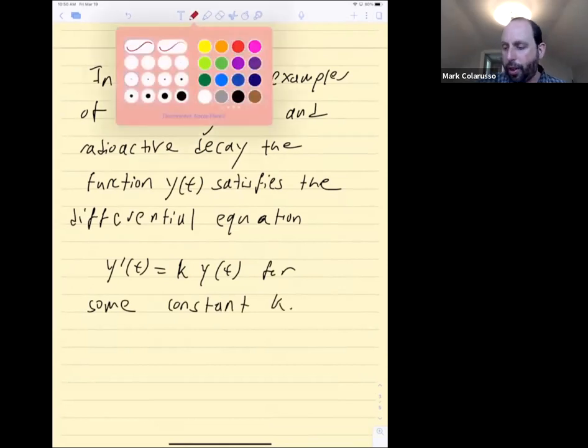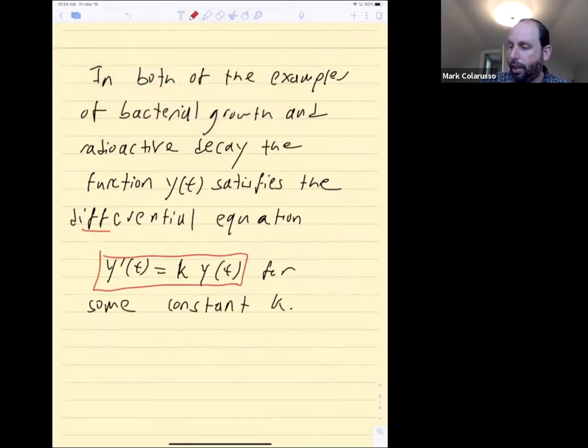Okay, so this word differential equation is kind of a fancy way of saying an equation that involves a derivative of a function and the function itself. That's it. I mean, there are more general notions of this, but we won't get into it in this class. So it's just an equation that involves a function and its derivative. So this is the equation, this is the derivative, is k times the function. That's it, right?